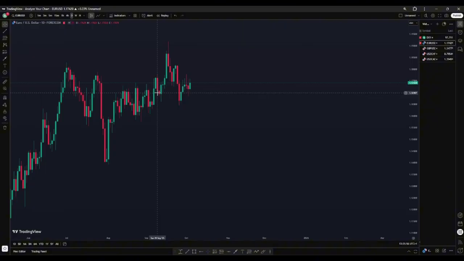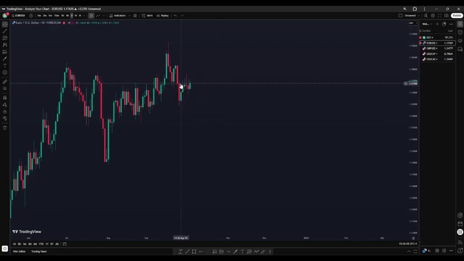In the currency pair Euro USD, the euro is the base currency and the dollar is the quote currency. If the dollar is strong, that means we are going to have a bearish trend on the Euro USD, because the quote currency is stronger than the base currency.